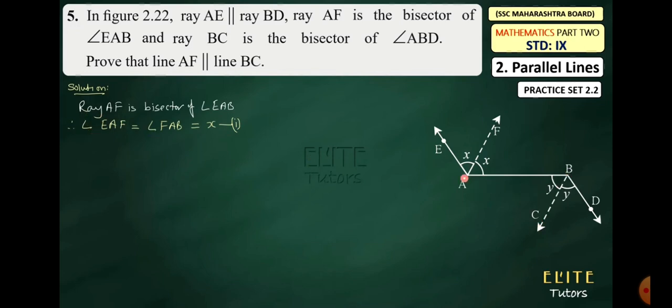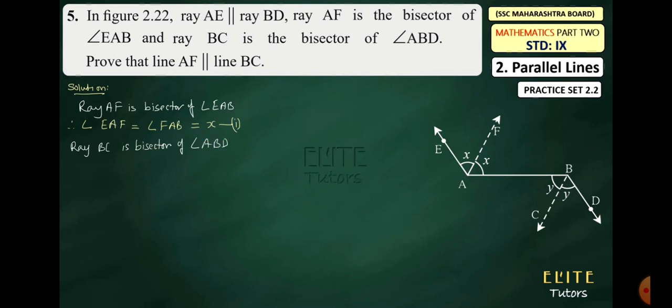Similarly, we will come to the next bisector, CB. Ray CB is the bisector of angle ABD. That means CB divides ABD into two equal parts, Y and Y. So we will write ray BC is the bisector of angle ABD, which is given in the figure.